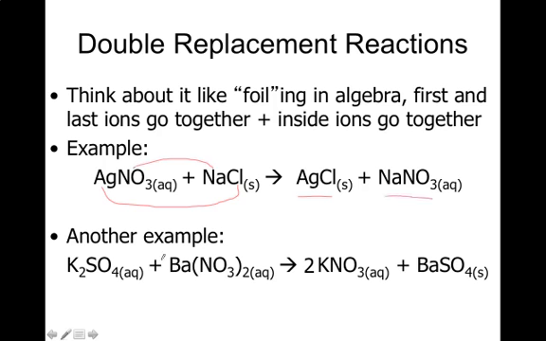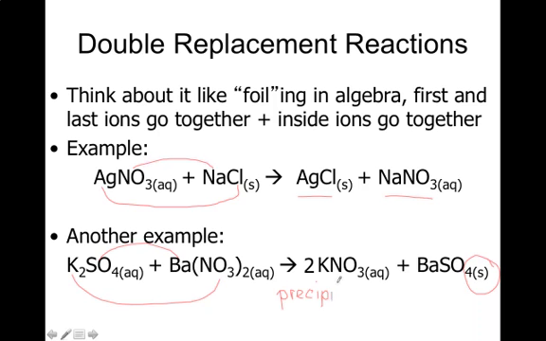Always write the cation first. Another example, here we have potassium sulfate. So potassium and nitrate came together to form potassium nitrate, and barium and sulfate came together to form barium sulfate, and that's a solid.